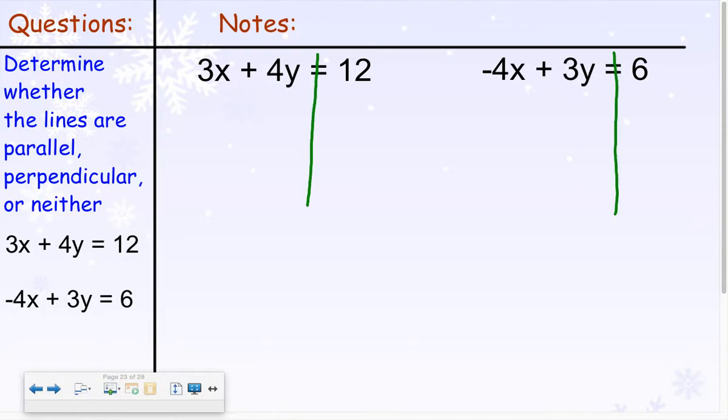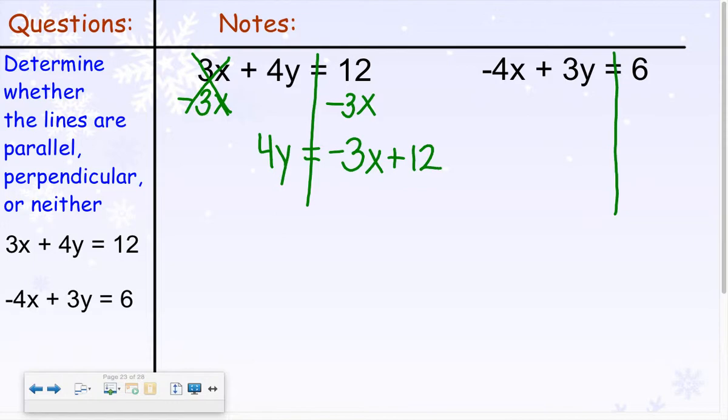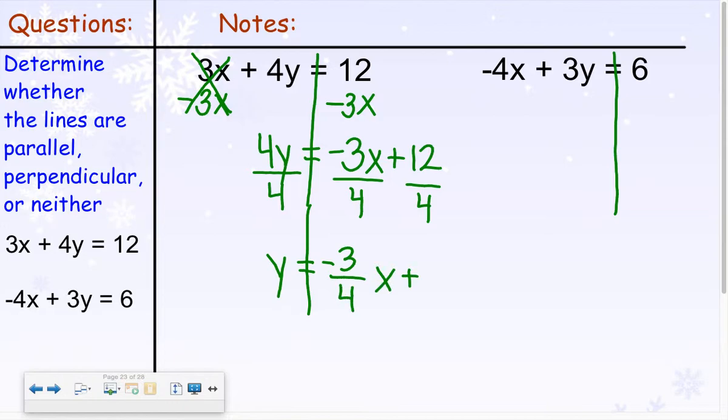Right now they're not in slope-intercept form, so we don't know their slopes. You cannot look at these equations and determine if they're parallel or perpendicular without getting them in slope-intercept form first. Divide everything by 4. And we have y equals negative 3/4 x plus 3.